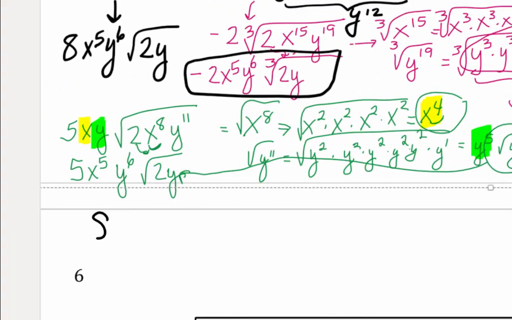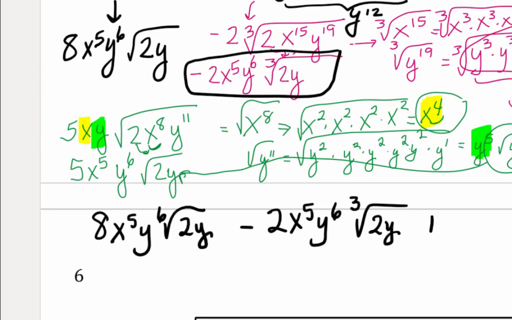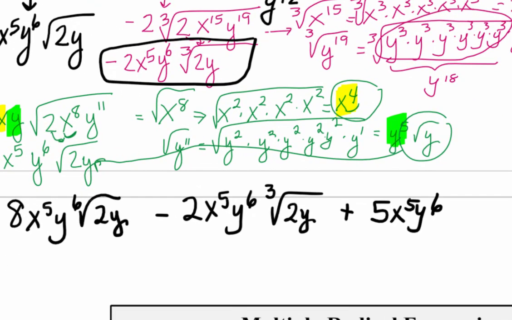Okay, so let's see what we've got going here so far. We've got 8x to the 5th y to the 6th square root of 2y, minus 2x to the 5th y to the 6th cube root of 2y, plus 5x to the 5th y to the 6th square root of 2y, and the like radicals are this one and this one.